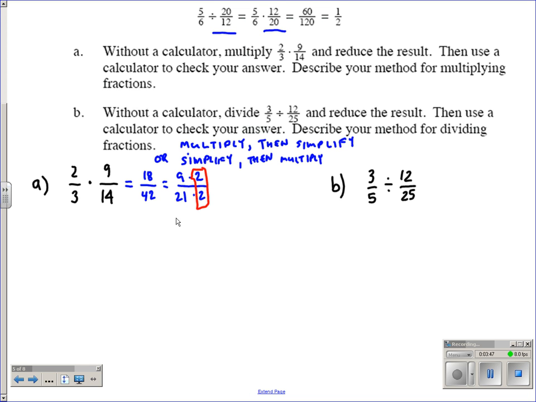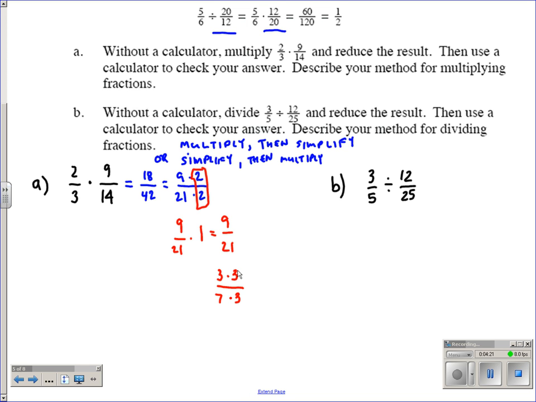So what we're really looking at is 9/21 times 1, which is 9/21. But does 9/21 reduce any more? Is there a factor that goes into 9 and 21? There certainly is. We can break it apart as 3 times 3 over 7 times 3, because 21 is the same thing as 7 times 3.